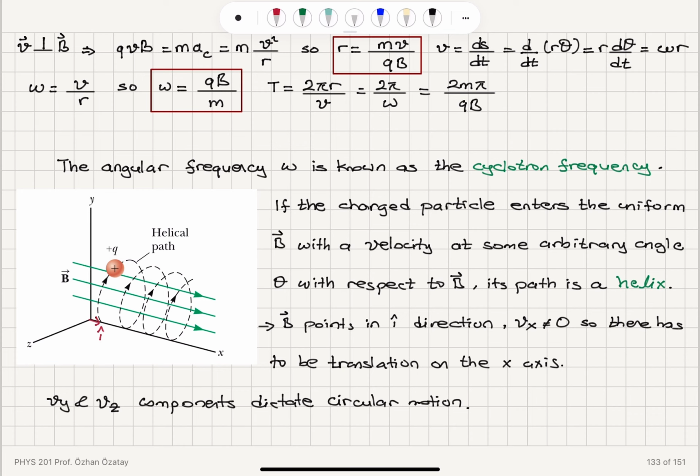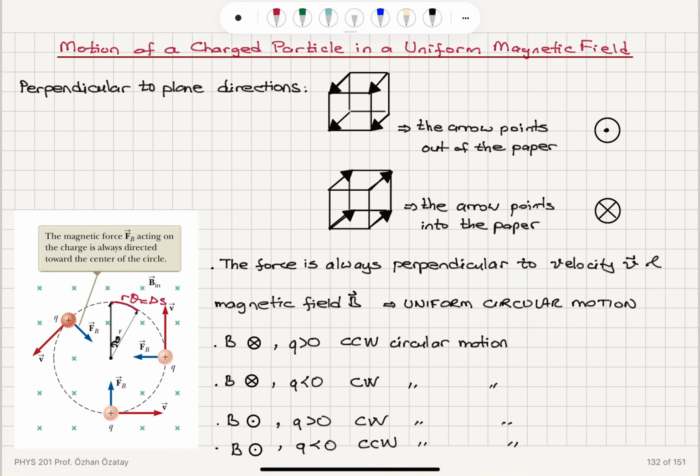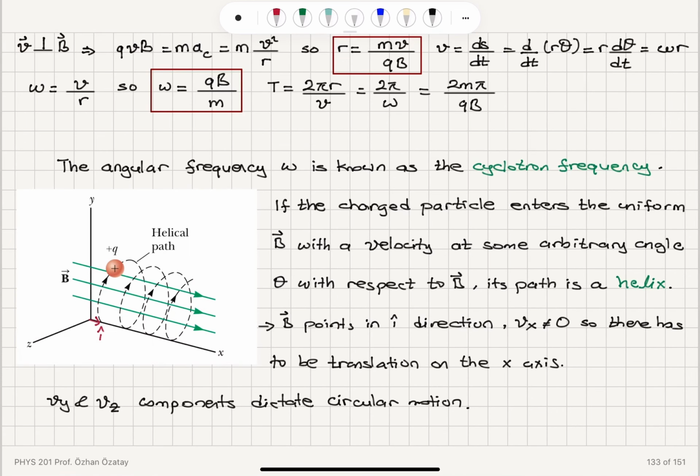So why is that? Because the component of the velocity vector that is perpendicular to the magnetic field will dictate a circular trajectory that's going to be the projection of the motion on this plane. And on the other hand, the component of the velocity which is parallel to the magnetic field will indicate we will have a translational motion.